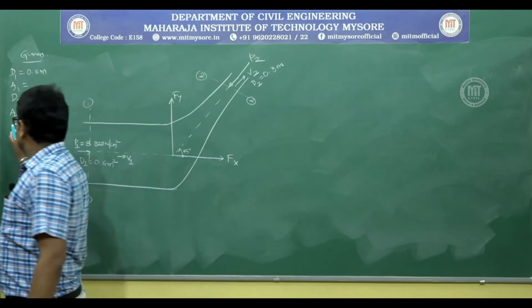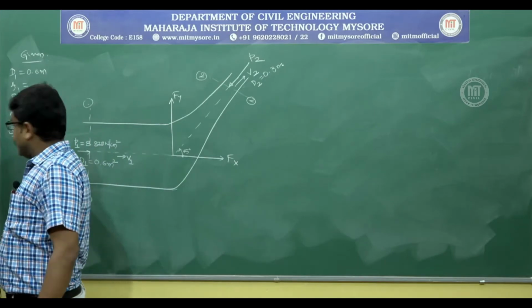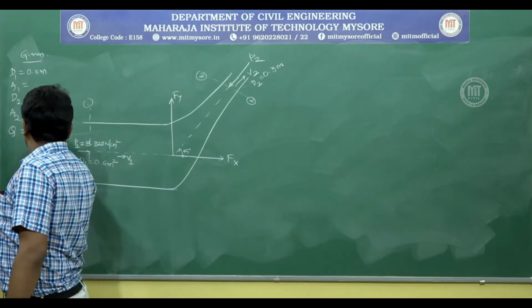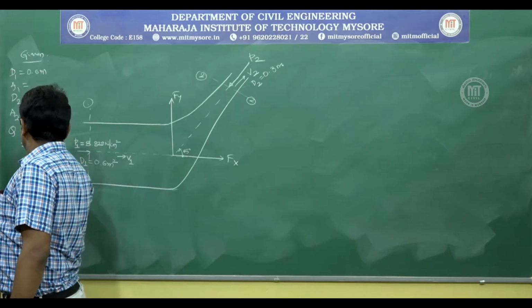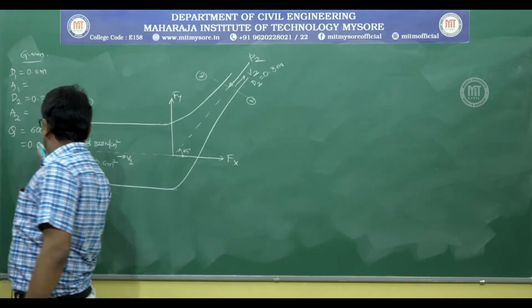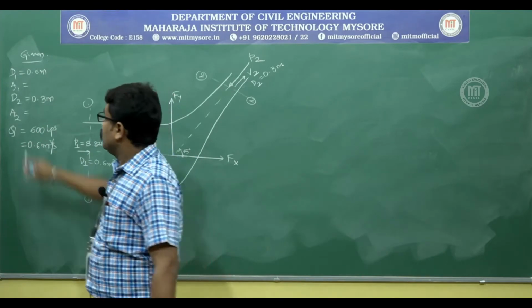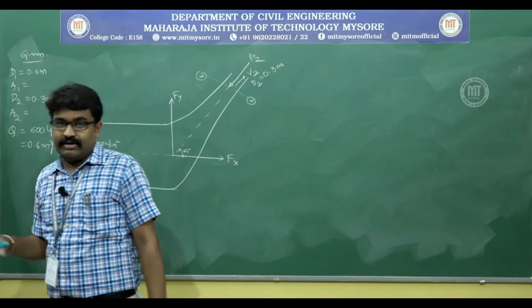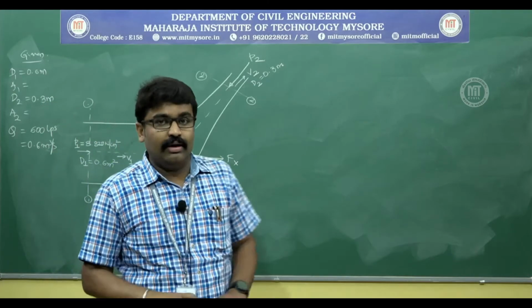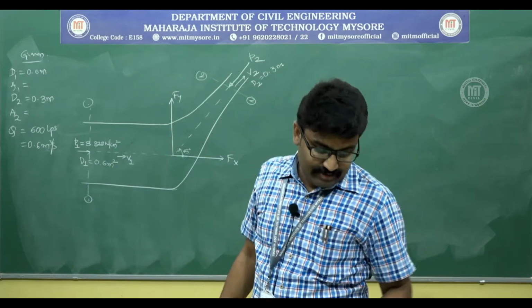Then discharge is given to be 600 LPS, nothing but 0.6 meter cube per second. Once this is known, you can easily calculate V1 and V2, which is very important in this problem. To do so, you need A1 and A2.